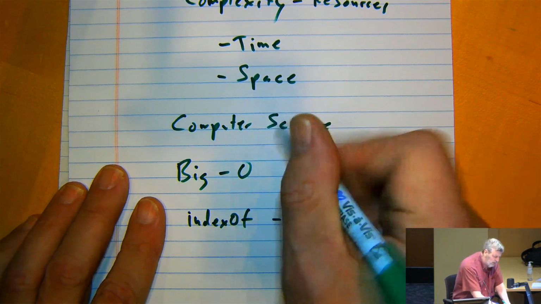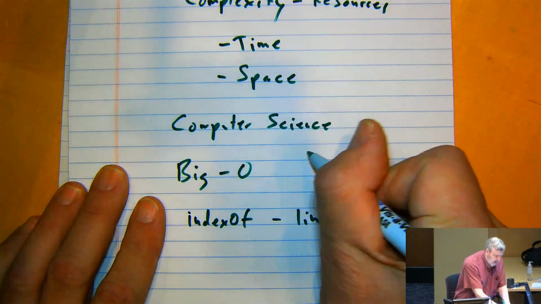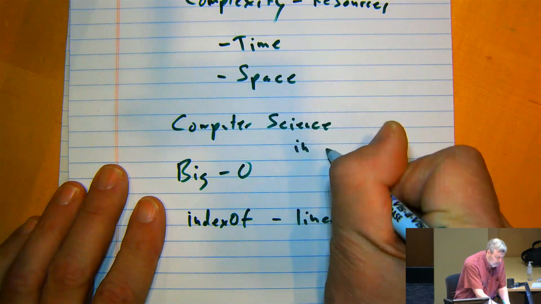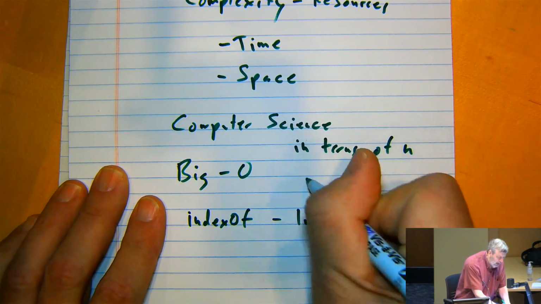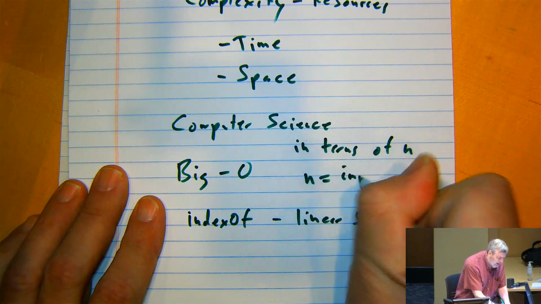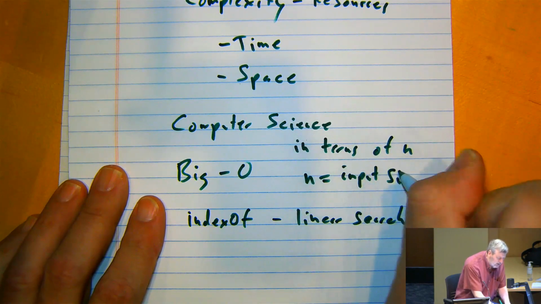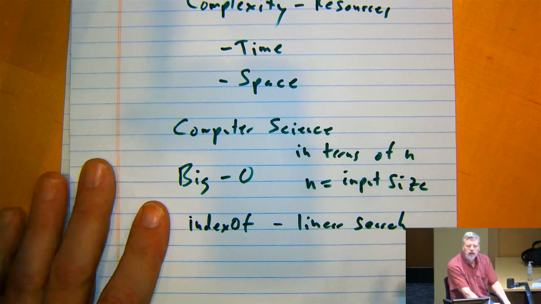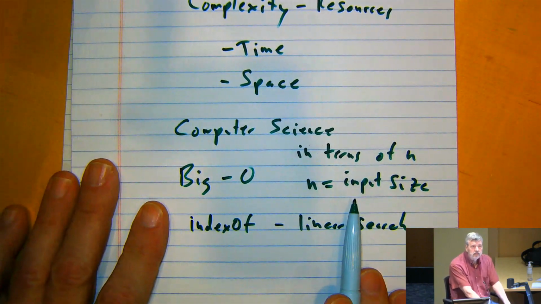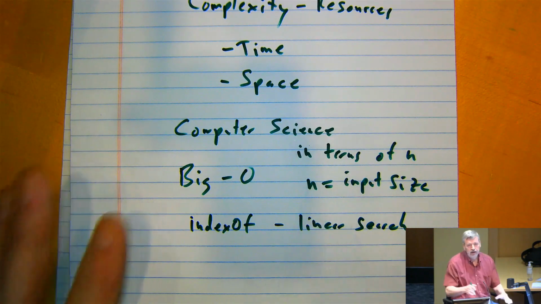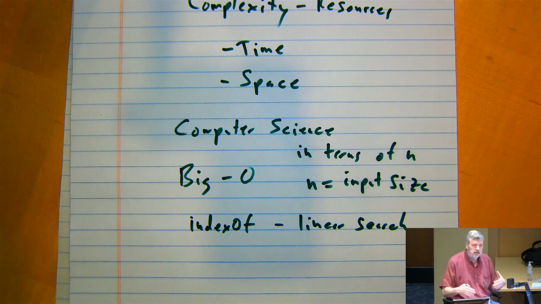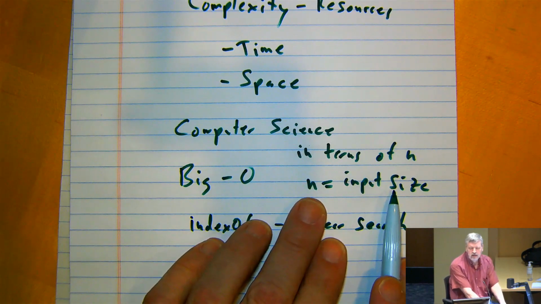So for this big O notation, we think in terms of n, where n is some measure of the input size. And so for something like an array int list, n would be how many things are in the list. If there's 1,000 things in the list, it's going to take a different amount of time than if there's 1,000,000 things in the list.